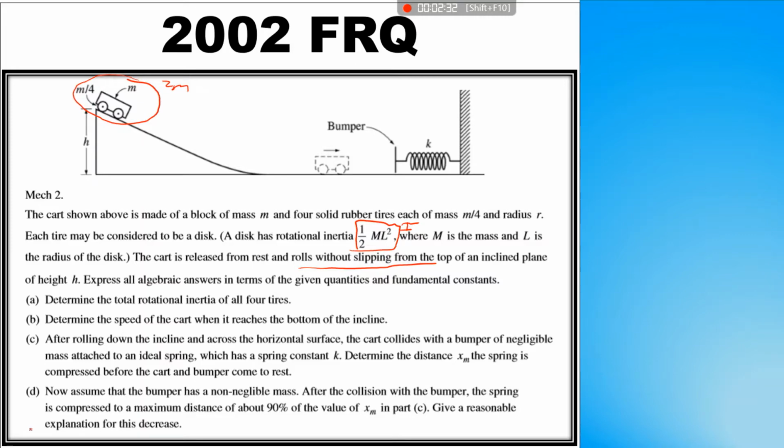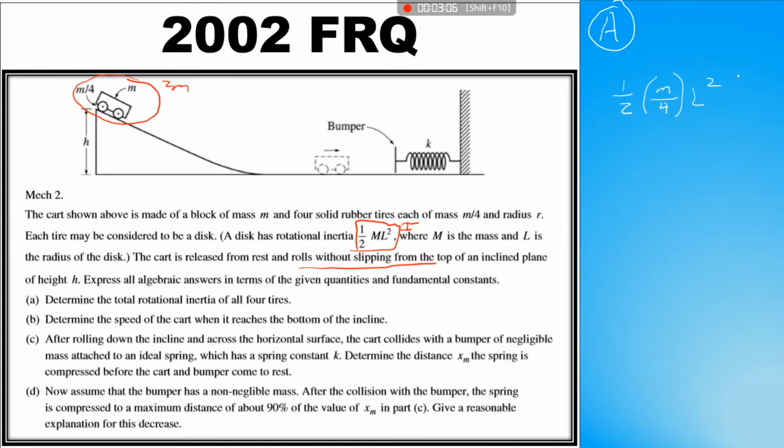So what do I have to do? So 1/2, each tire is m over 4, so 1/2 times m over 4, lowercase m, times L squared.